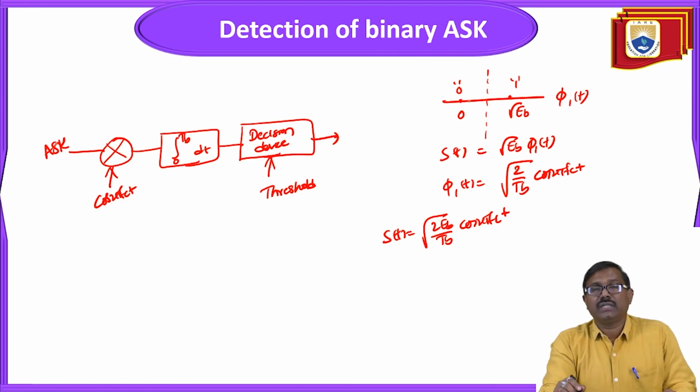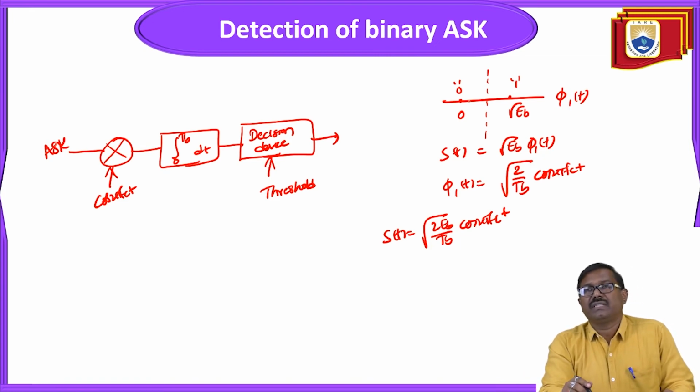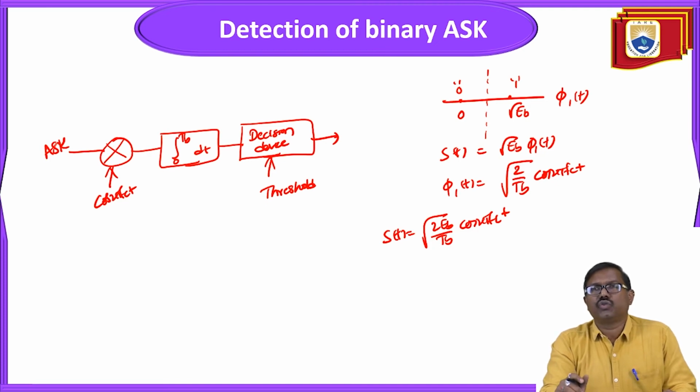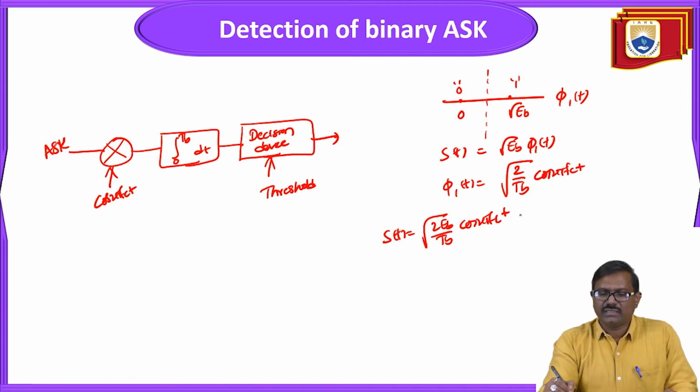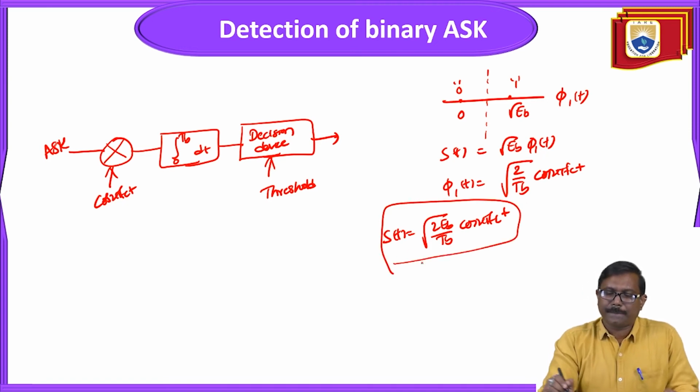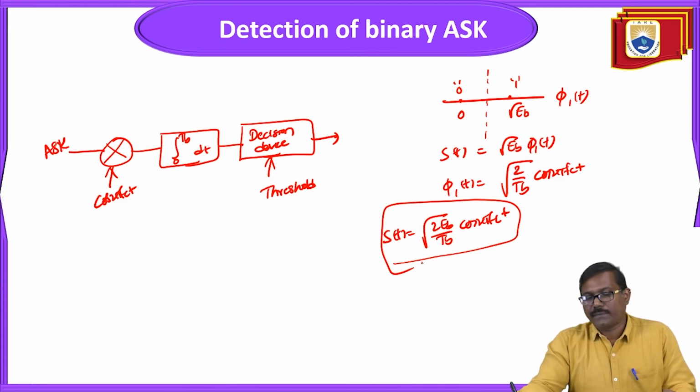Why? Previously you saw the transmitter having the product modulator, which multiplies b of t, the binary data, with the carrier. So we got s of t, the modulated signal, which is this one for symbol 1.